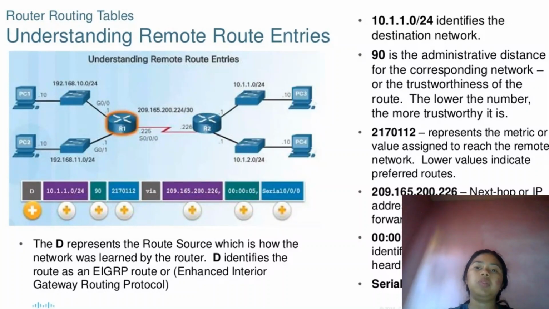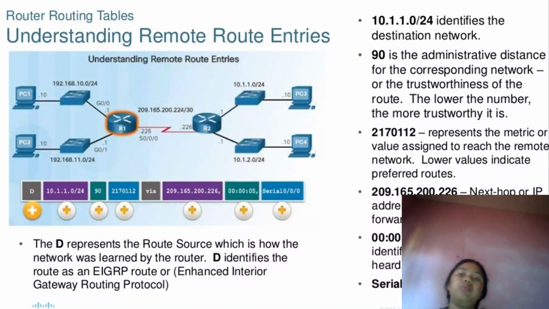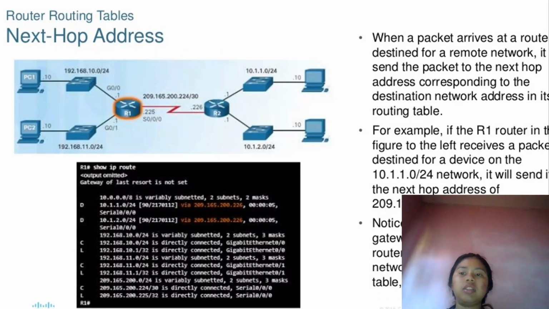Understanding the remote route entries. So that will be the remote route entries. The next hop address. When a packet arrives at a router destined for a remote network, it sends the packet to the next hop address corresponding to the destination network address in its routing table.